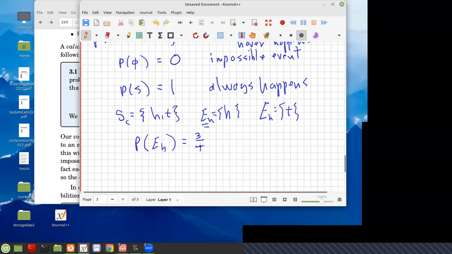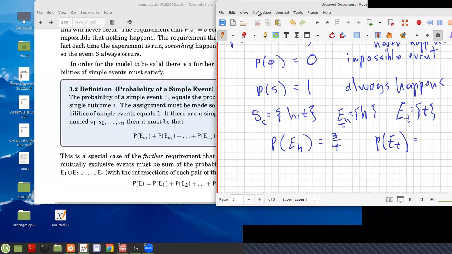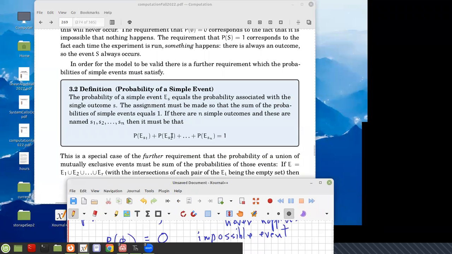Okay. Well, there's a problem. There are some restrictions on the numbers that we can assign to the events. We can't just randomly assign this 3/4 and then assign this also 3/4. There are some requirements to make a valid probability model. And one of the requirements is that the probabilities of all the simple events have to add up to 1.